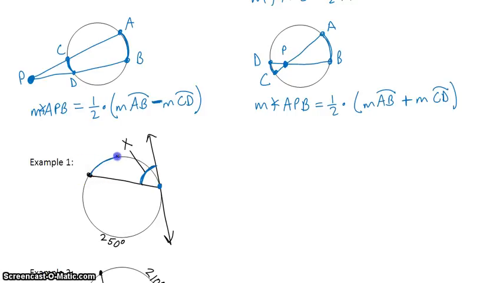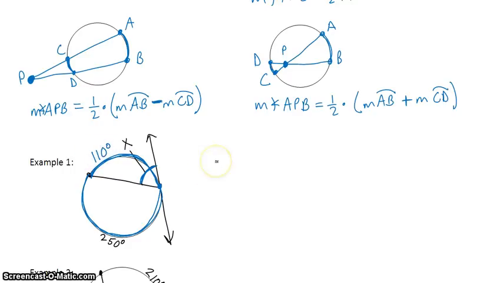The intercepted arc in this case is this arc right here. Now we don't have that measure, but we do have the measure of this major arc. We know that this major arc is 250 degrees and the entire circle is 360 degrees, which means that this intercepted arc has to be 110 degrees.